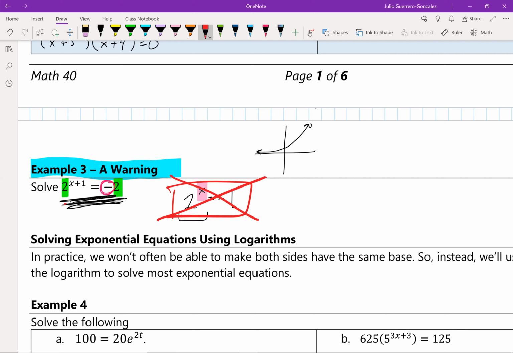So when you get something like this, it is actually not solvable. It does not exist. Got it? Yeah. Okay.